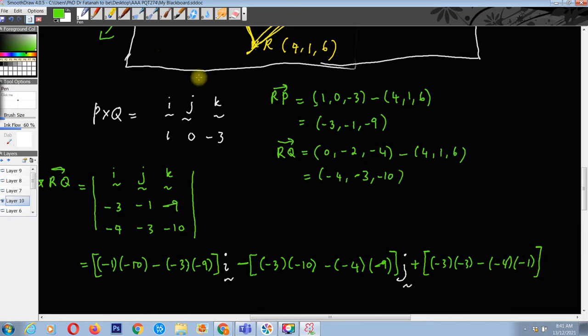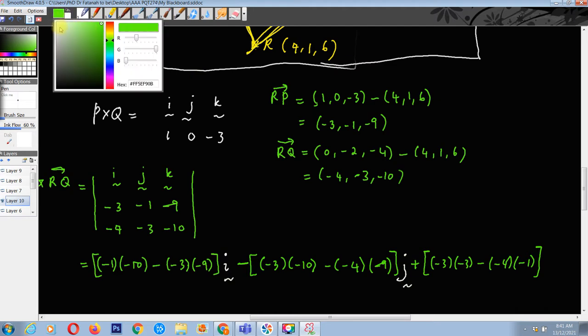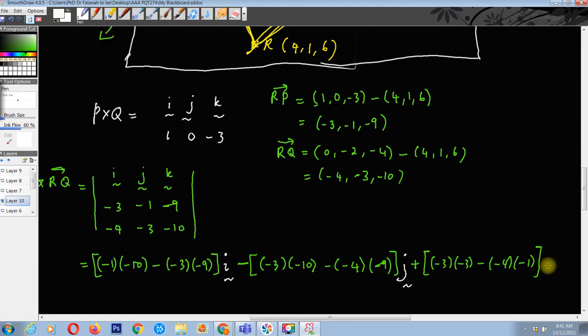This is the K component. Alright, that's clear.